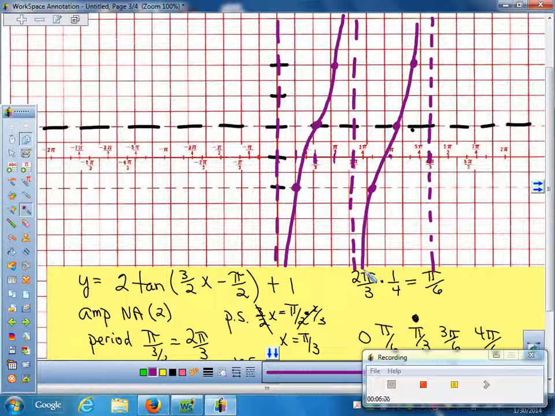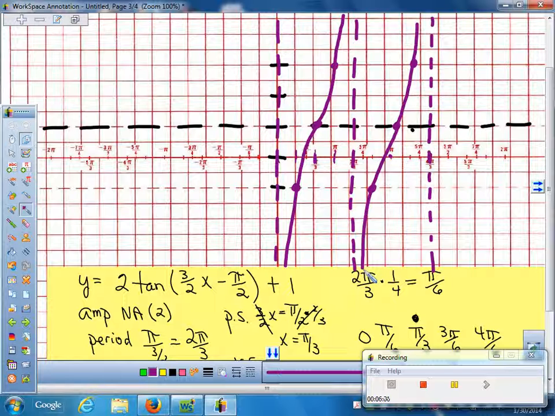Pi is the dead center, yep. 4/3 is the edge. Because I just went 2/3 was 4/6, 5/6 would be the next point, 6/6 would be pi. It just happened to land there. It's not guaranteed it's going to be a pi. It just happened to land on this one.